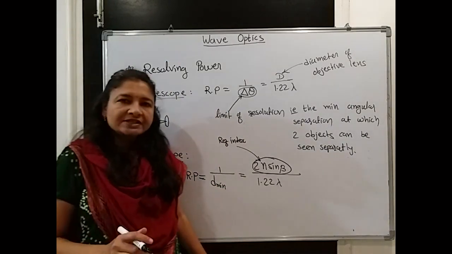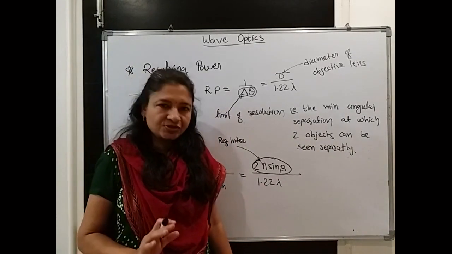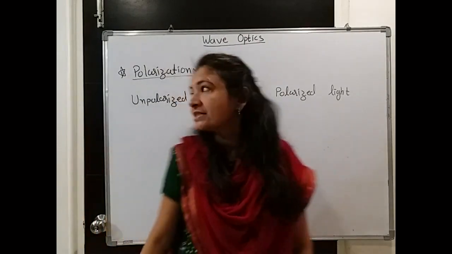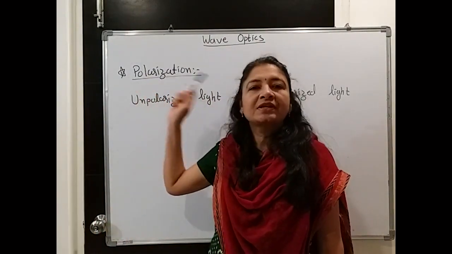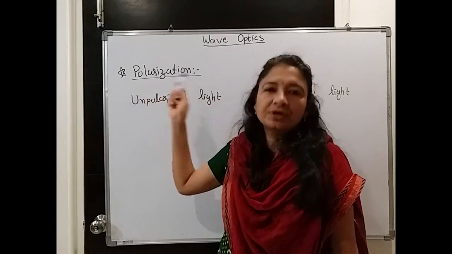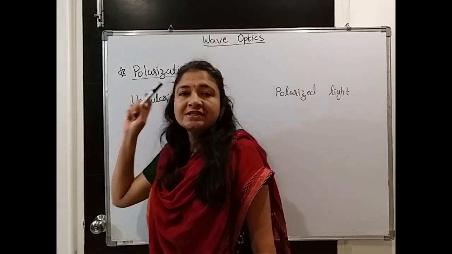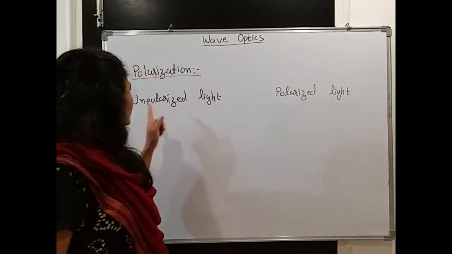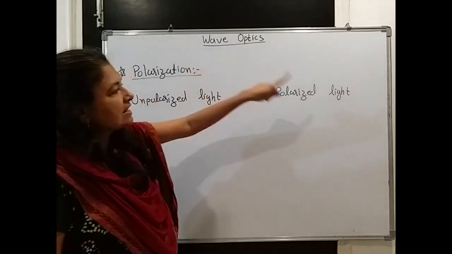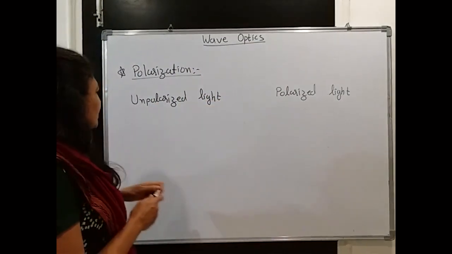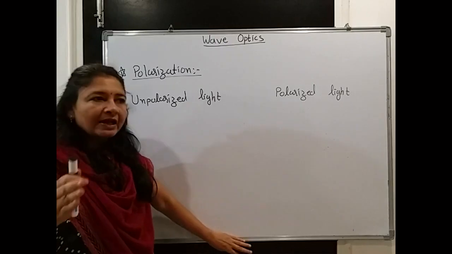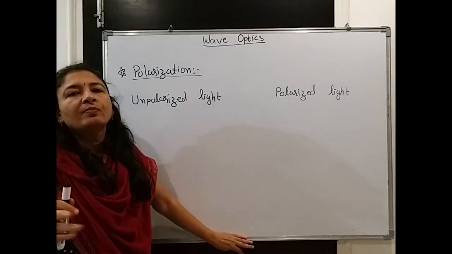Now we have to discuss polarization. Let us start the next topic, that is the last topic, which is polarization. Okay. Before discussing polarization, we have to discuss unpolarized light and polarized light. We know that light is also an electromagnetic wave.